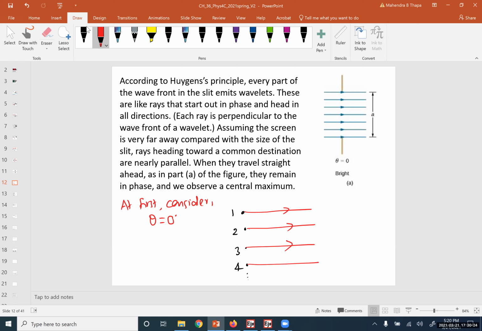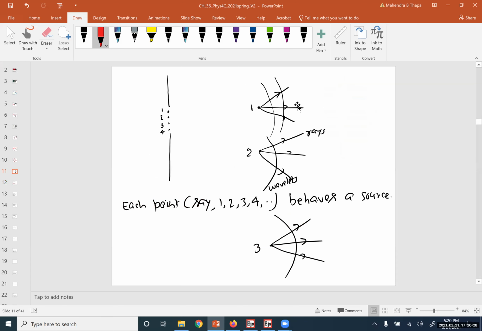Be careful that it will emit light everywhere, but we are just now considering the rays which are all parallel to each other, parallel to the axis. What I mean by axis is like this: it is the source and this is the screen.